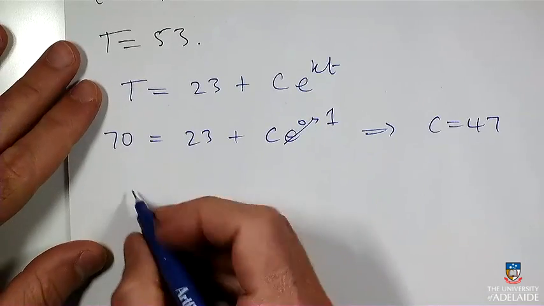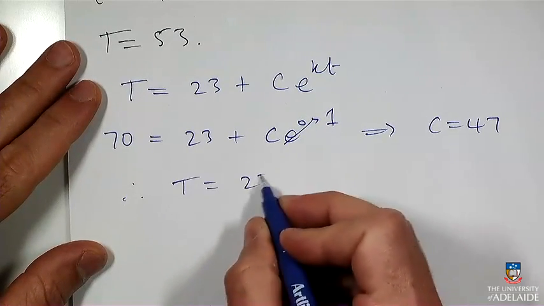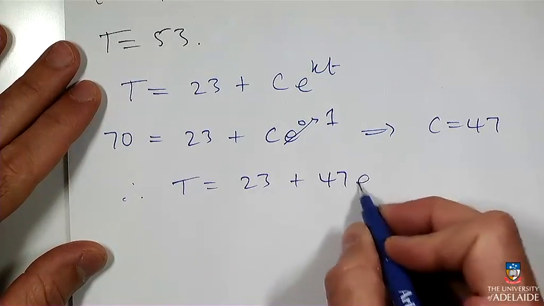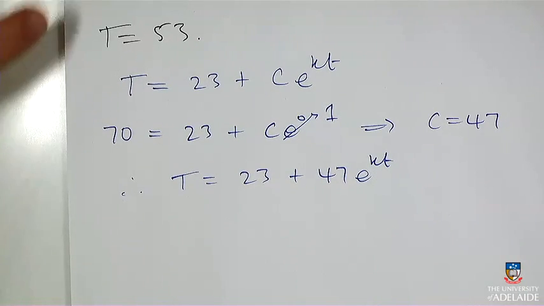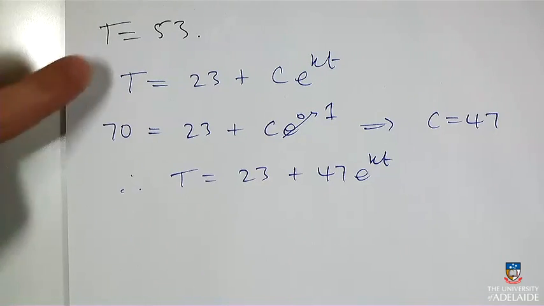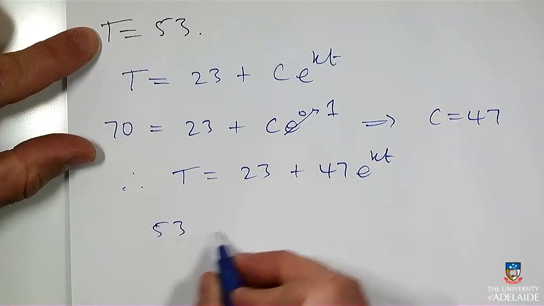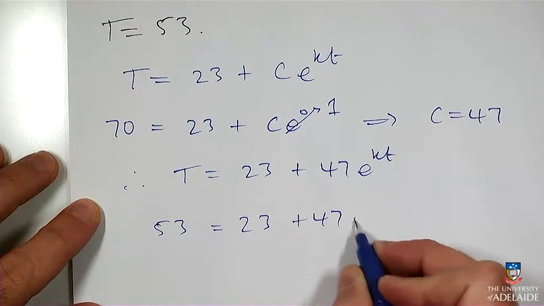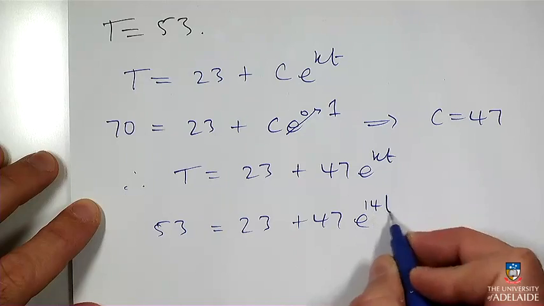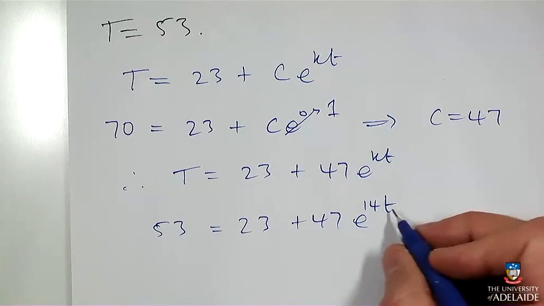So this tells us that T is 23 plus 47 e to the kt. Now we need the k. Let's use this other data to get the k. We know that when this is 53, then t is 14. So we get 23 plus 47 e to the 14 times k.